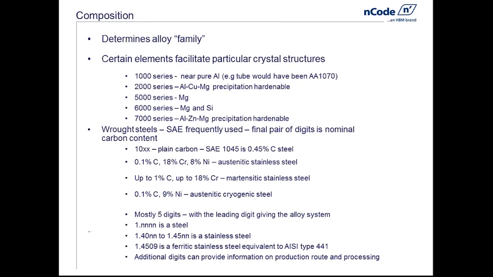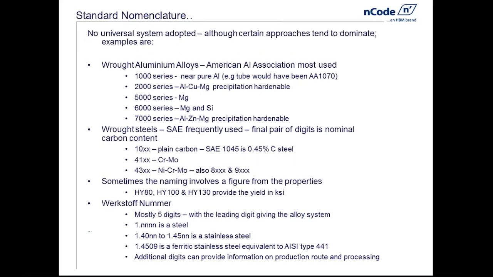We come on to nomenclature. I wish, and I'm sure every engineer on the planet wishes that it was universal now, but it's not yet. But certain approaches tend to dominate, and I pick out from this the American Aluminium Association. I picked out probably the ones that we use most.